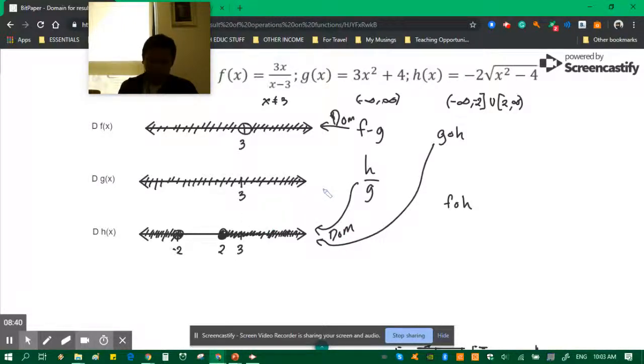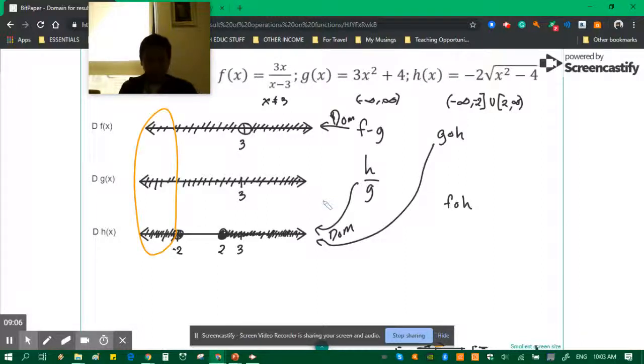So we end up with, for f of h, this is common for f of h. So I'll just use a different color now. That part's common for f of h. This part's common for f of h. And that part's common as well for f of h.